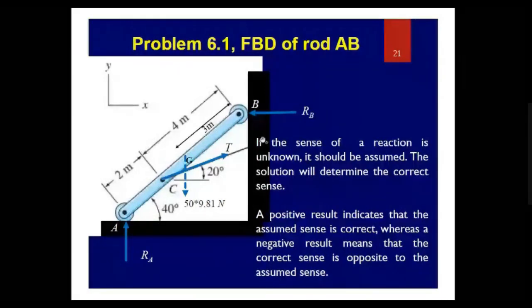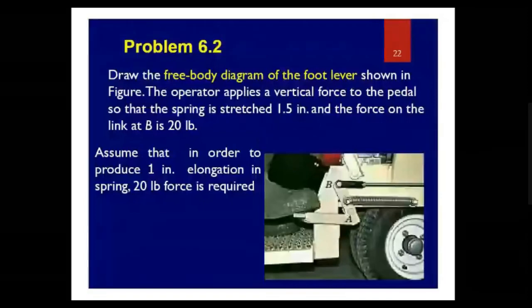Now let's look into another problem, problem 6.2. It states to draw the free body diagram of the foot lever. So this is a foot lever. As shown in the figure, the operator applies a vertical force to the pedal so that the spring is stretched 1.5 inches and the force on the link at B is 20 pounds.